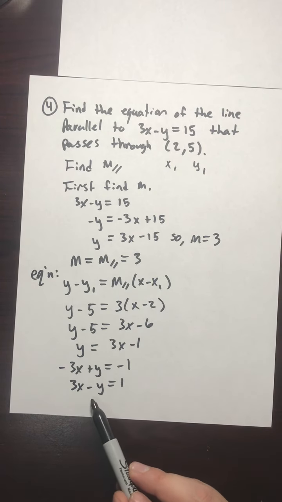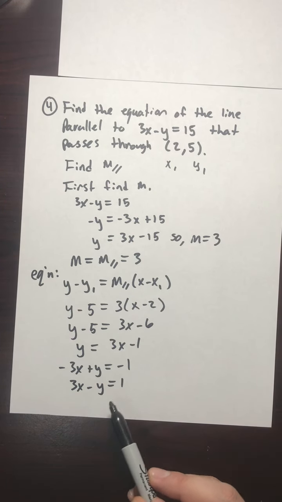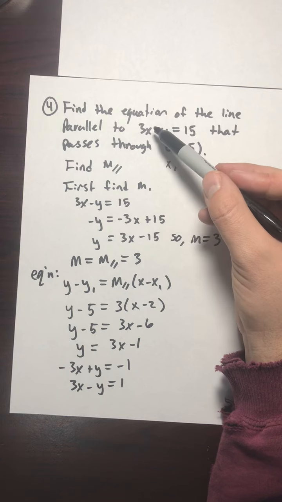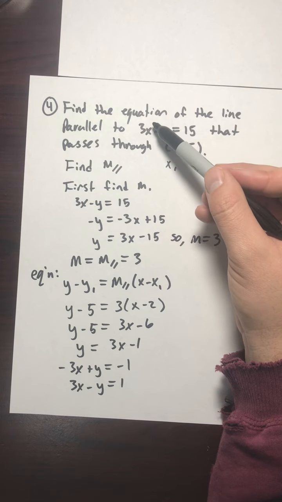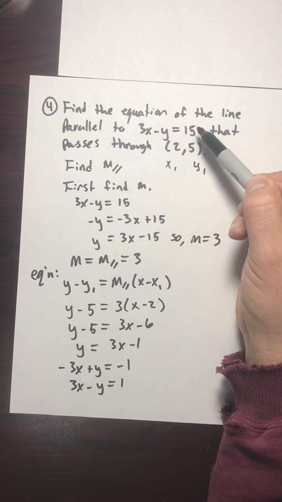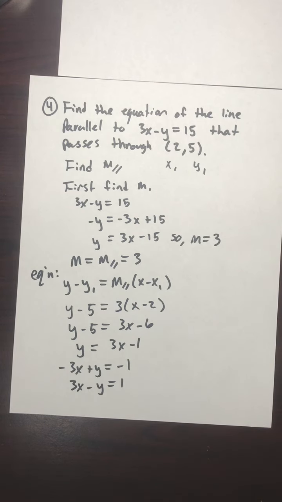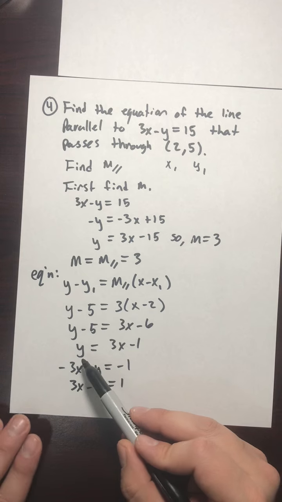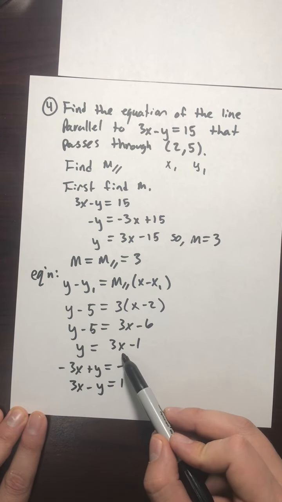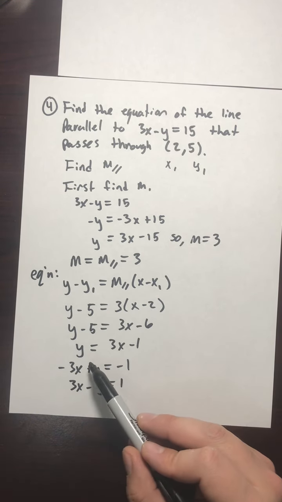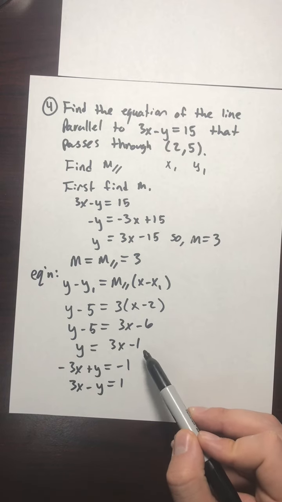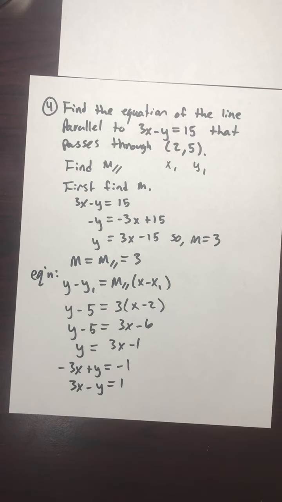So see, we've got 3x minus y here, and then equals 1 on this one, and then the other line, which these two are parallel, 3x minus y equals 15. So standard form can kind of help you check that. And then slope-intercept form, you would have y equals 3x because m is the same, and then just the y-intercept would be different.